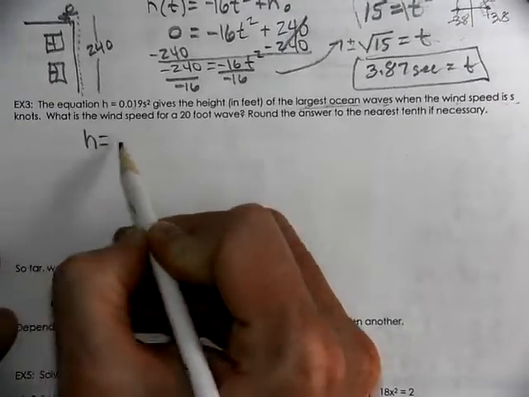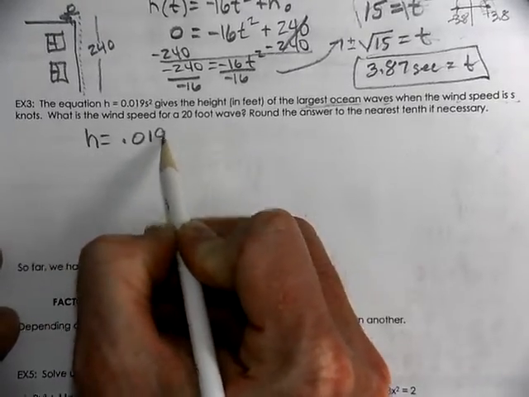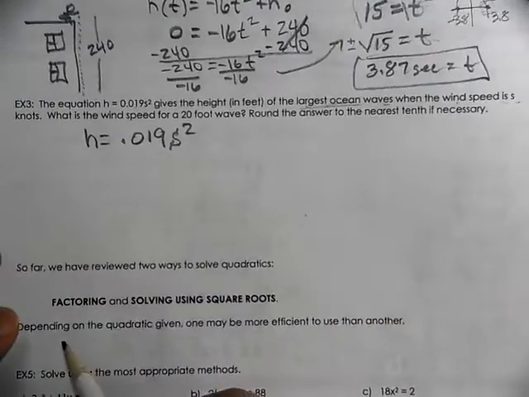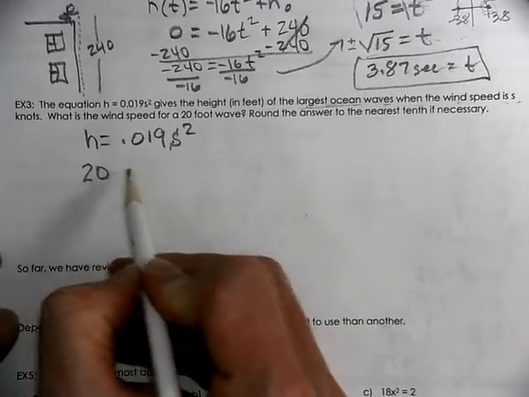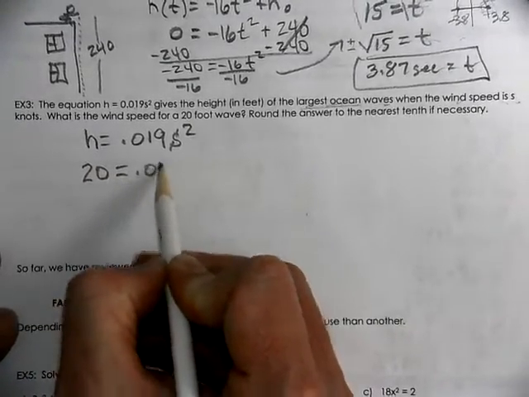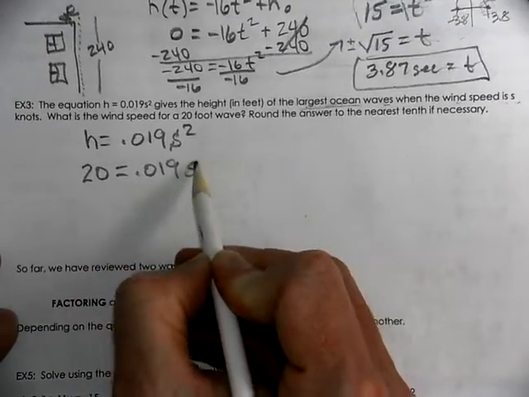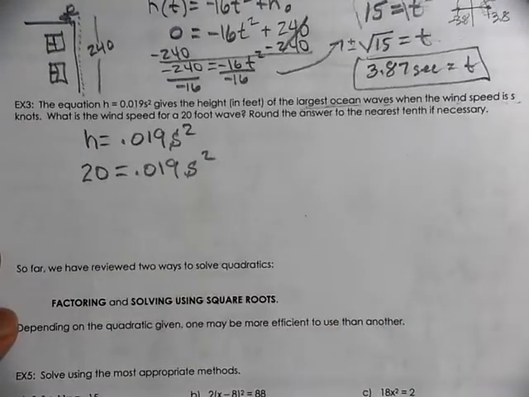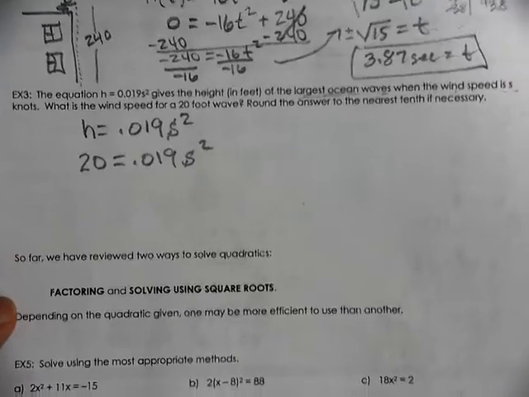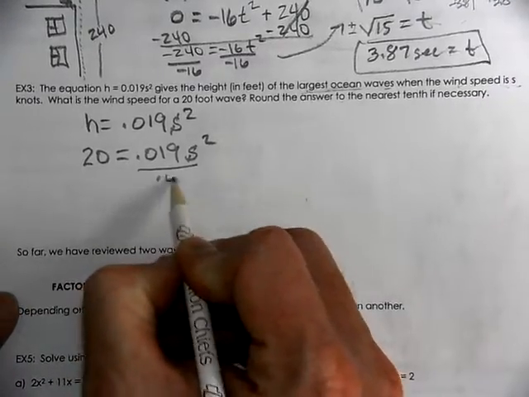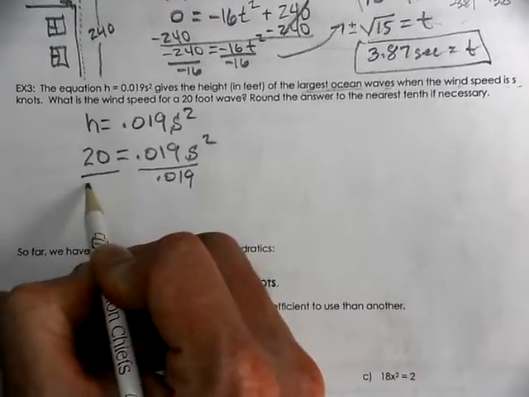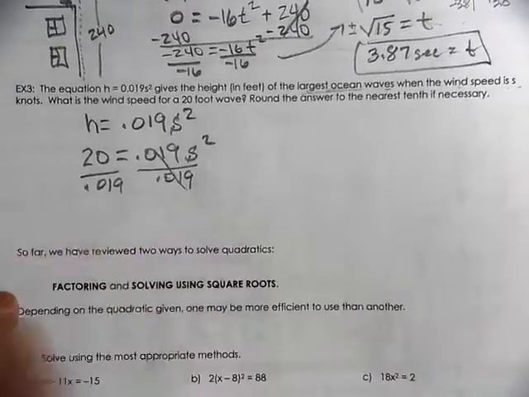So we have h equals 0.019 s squared. We want to know about a height of 20 feet, and the s stands for wind speed, and it's the wind speed in knots. The first thing we would need to do is move the leading coefficient over.